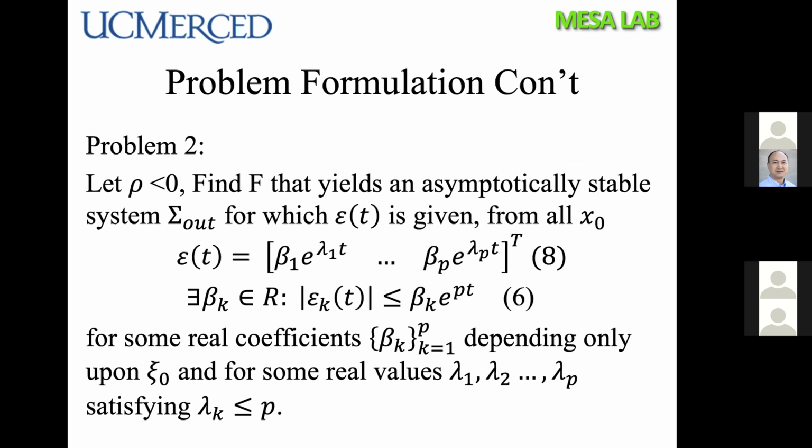This suggests that a possible way of solving problem 1 consists of solving the following problem, which is problem 2. For problem 2, let rho < 0. Find a feedback matrix F such that applying the control law with this F to sigma yields an asymptotically stable closed-loop system sigma, for which from all initial conditions the checking error terms are given by a function with some real coefficients beta_k, depending upon x0, and for some real values lambda_1, lambda_2 to lambda_p, satisfying, in continuous time, lambda_k < rho < 0.